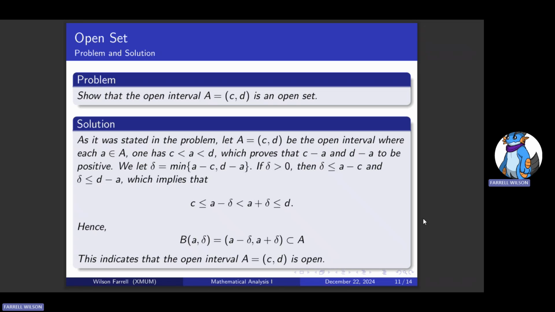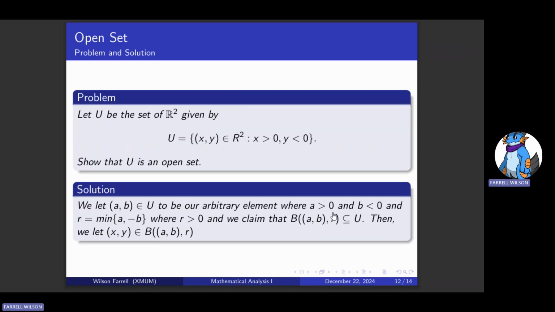Since delta is greater than 0, delta is less than or equal to a minus c and d minus a, implying that c is less than or equal to a minus delta, which is less than a plus delta, which is less than or equal to d. Hence B(a, delta), the interval (a minus delta, a plus delta), is a subset of A. This indicates that the open interval is open.